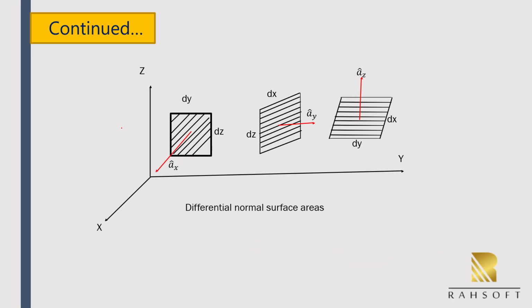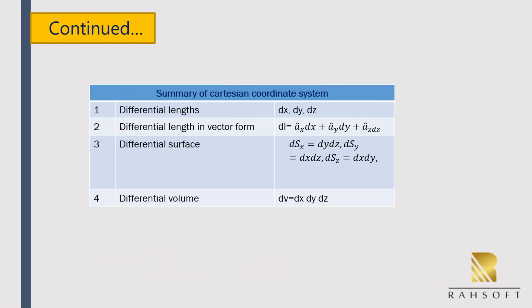I have just shown this in a table to easily understand the summary of the Cartesian coordinate system. Differential lengths are dx, dy and dz. Differential length in vector form, dl equals unit vector ax dx plus unit vector ay dy plus unit vector az dz.